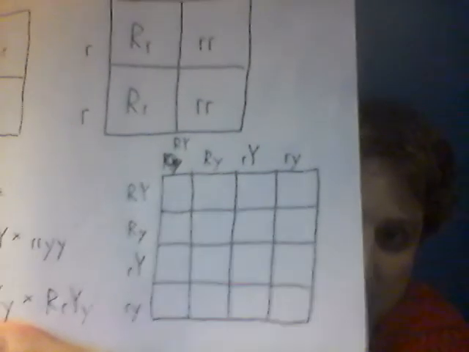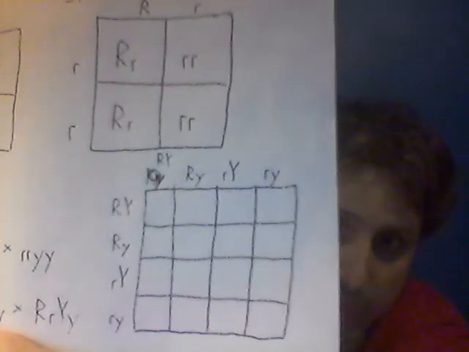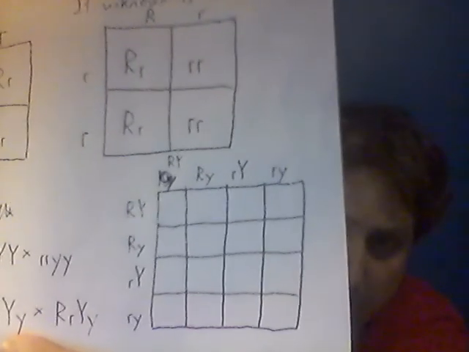So when I'm setting up my Punnett square, here's how it's going to look. It's a 16-box Punnett square, but I've got 2 letters beside each column and 2 letters above each row, because remember, you're definitely passing on 1 color gene and 1 texture gene from each parent.